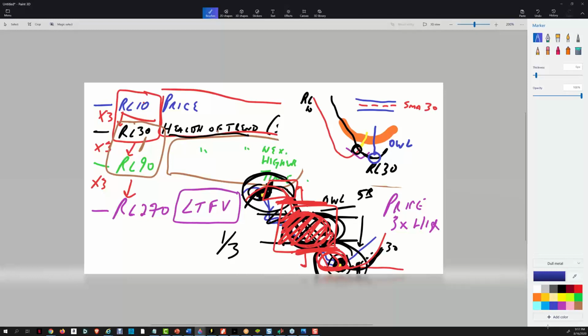Because the fifth criteria of the owl was that the slope of the RL30 had to be going up. The fourth criteria was that the slope of the dragon had to be down and then start to curl up. The third criteria of the owl was the RLXD.